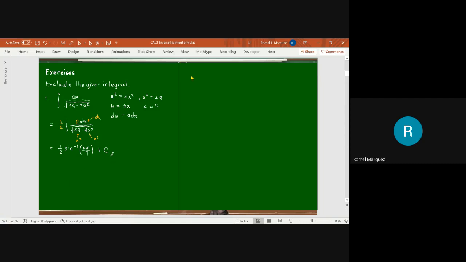Let's take number 2. Let's say I have the integral of dy over 25 plus 36y squared.